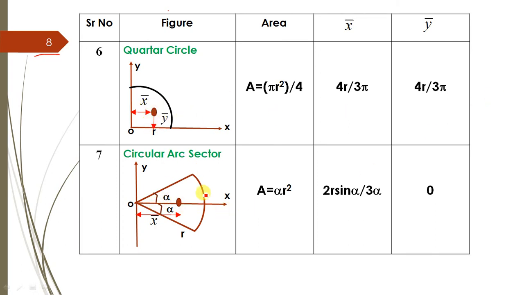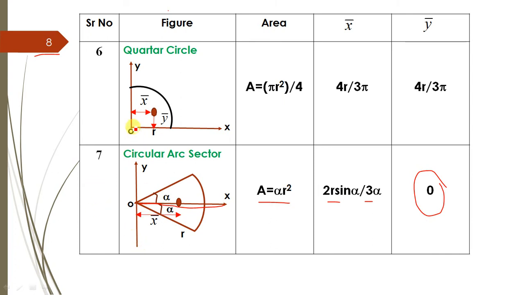For a circular sector, the area is alpha r square, and X bar, the distance from the y-axis, is 2r sine alpha upon 3 alpha, and Y bar is 0. Why is Y bar 0? Because the figure is symmetrical about the x-axis. If a figure is symmetrical about the x-axis, Y bar is 0.